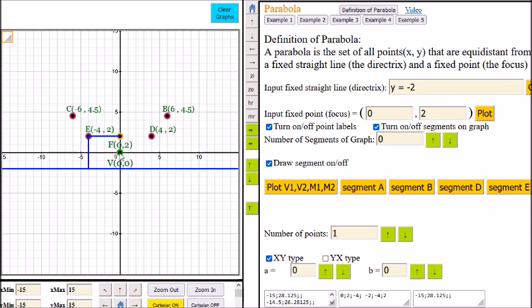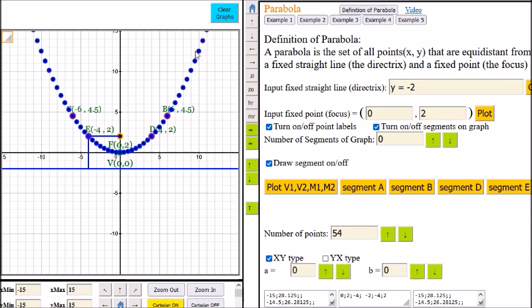And now look at this point right here. This is point V. We call this the vertex. The distance from V to the focus is 2. The distance from V to the directrix is also 2. And then here are the other points that also have the same distance to the focus and distance to the directrix.